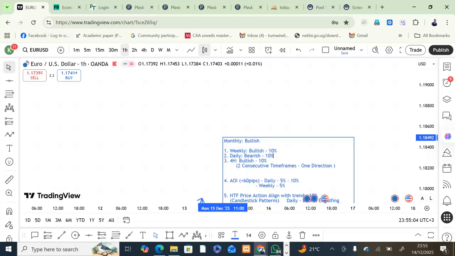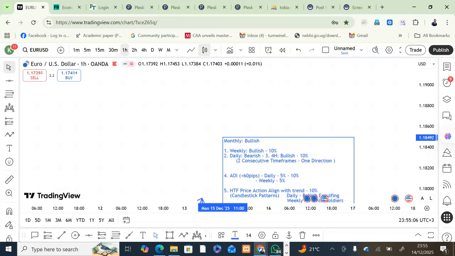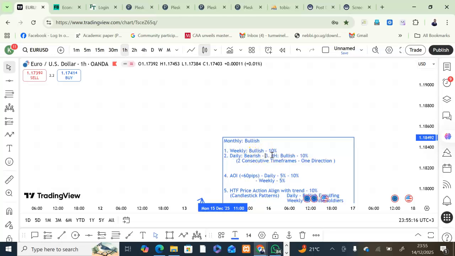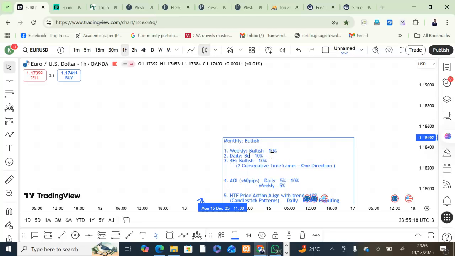Here, if this doesn't match, then do not give it a percentage there. But why? Because this is bearish, bullish, bullish. So not two time frames are synced, so don't take the trade. So let's say the weekly was the one, or let's say the 4 hours was the one that was bearish. So if they are not in sync, then don't assign that one a percentage.